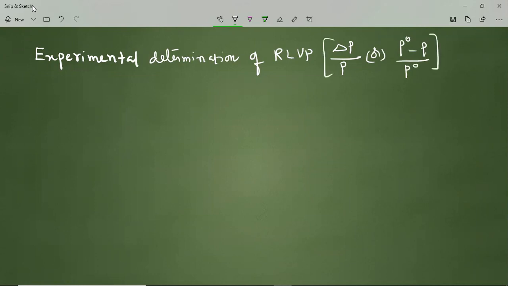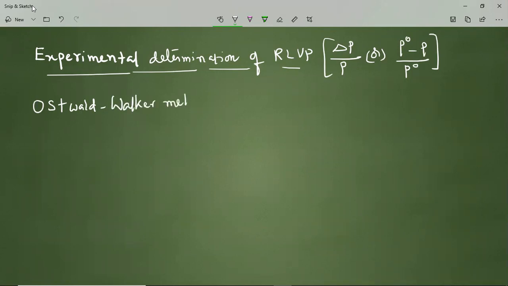Okay, let us see the experimental determination of RLVP. This experiment we will call the Ostwald-Walker method.